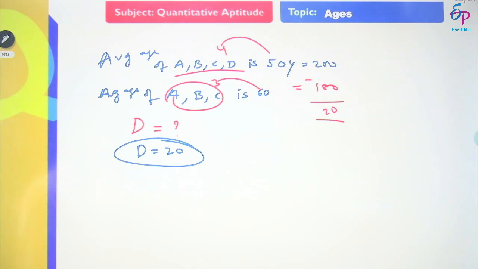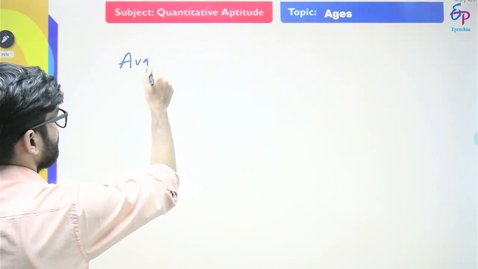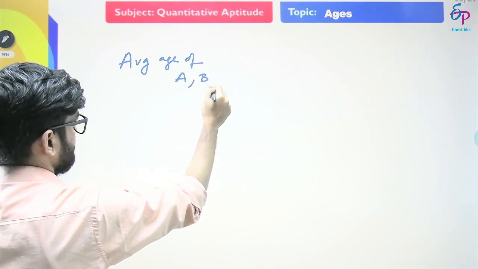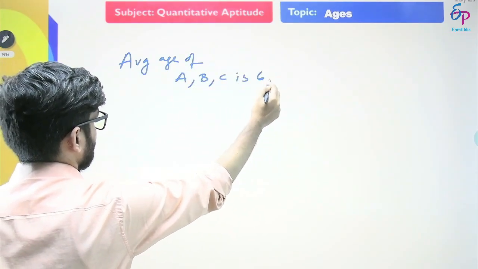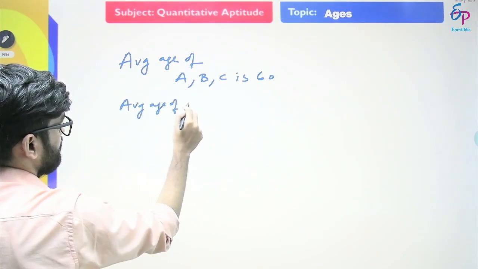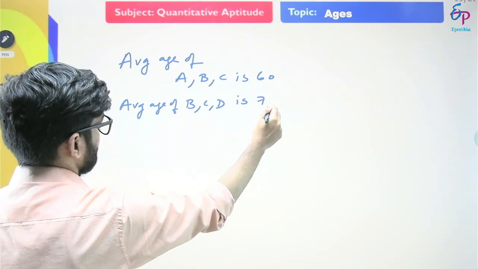D age is 20. Suppose if I give you average age of A, B, C is 60. Average age of B, C, D is 70.